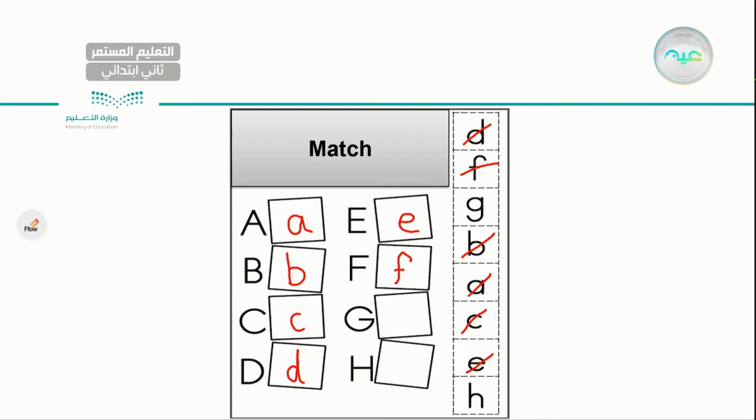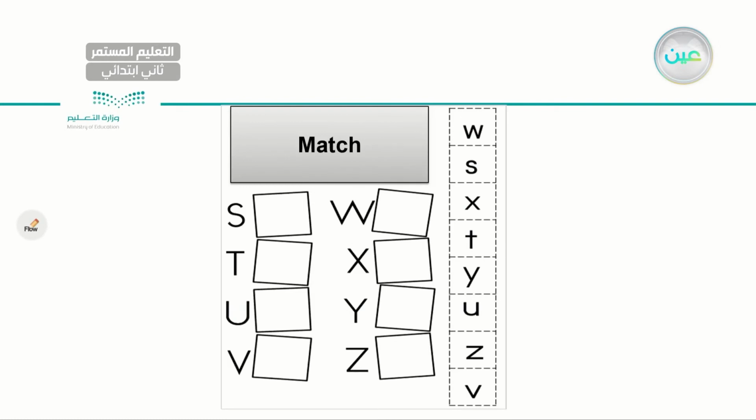Very good. Next, G. Very good. And we have just H, and that is the small h. Very good, my dear student. Let's go to the next one. Okay, let's go to the next one. How about this one? Let's try to match.